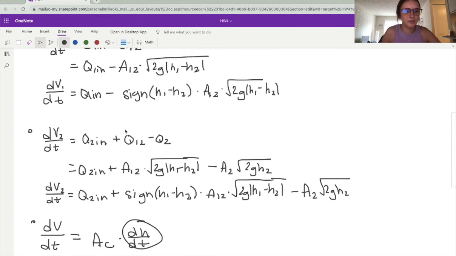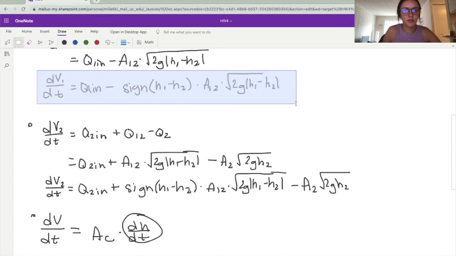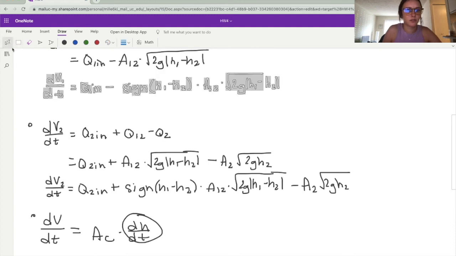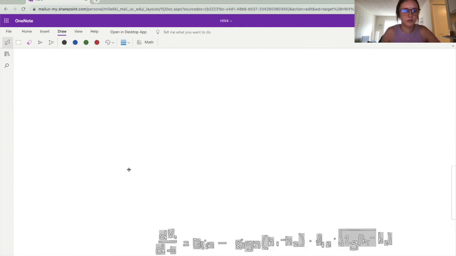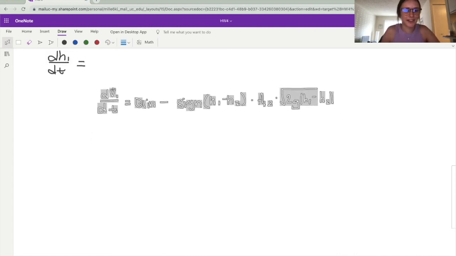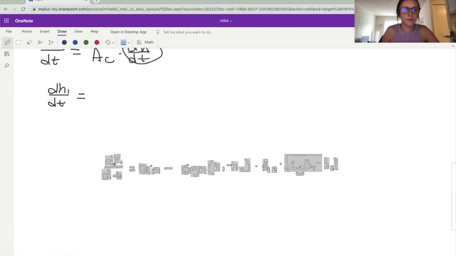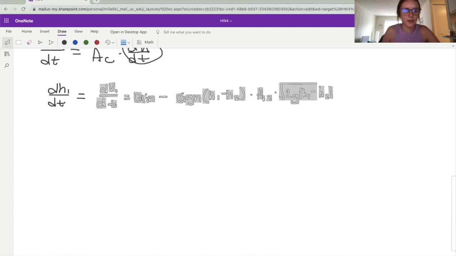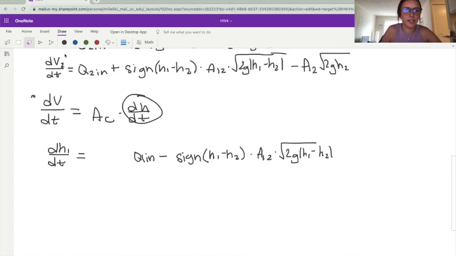So this equation, I'm just going to move it up here so we don't have to write it out again.